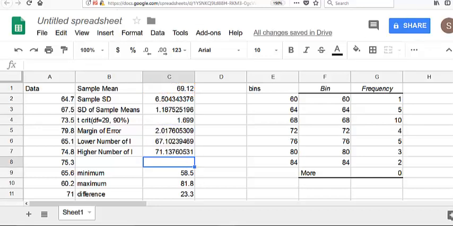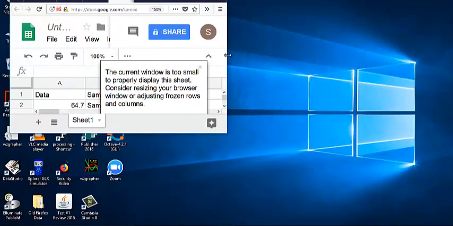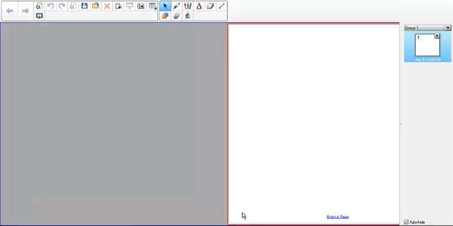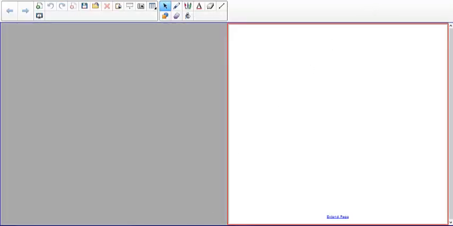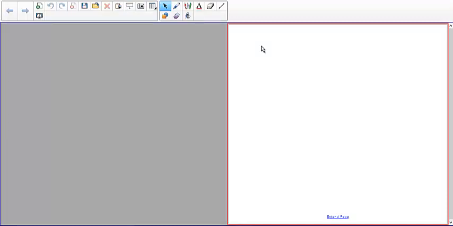And what we can say now, if we make this smaller so I can look at the numbers. Let's just go down here. Margin of error. So it's from 67.1 to 71.1.